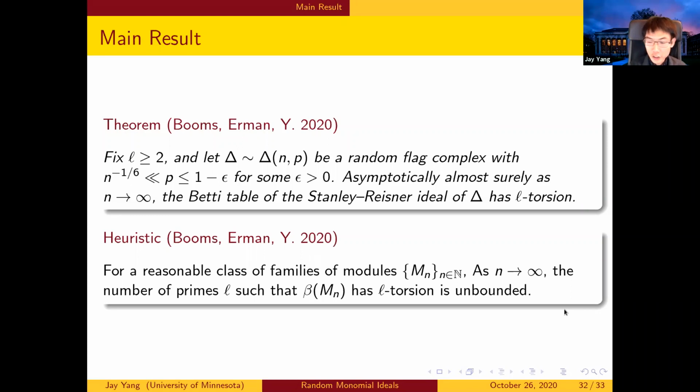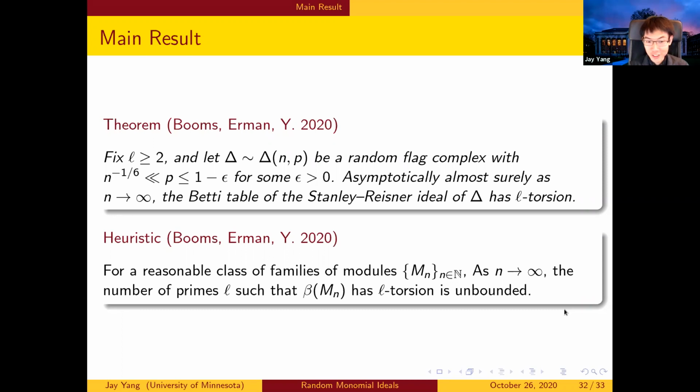Or a weaker version of this heuristic might be that for any prime, you eventually have torsion in any family, but maybe sporadically, maybe like every other module. You don't know that for sure. We don't know this. We don't have any strong evidence of this outside of the random results.